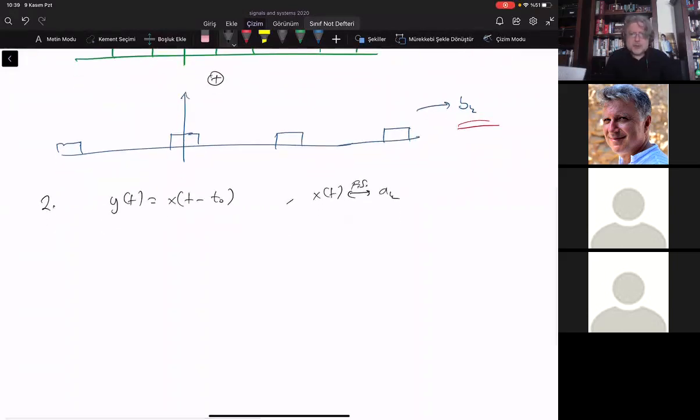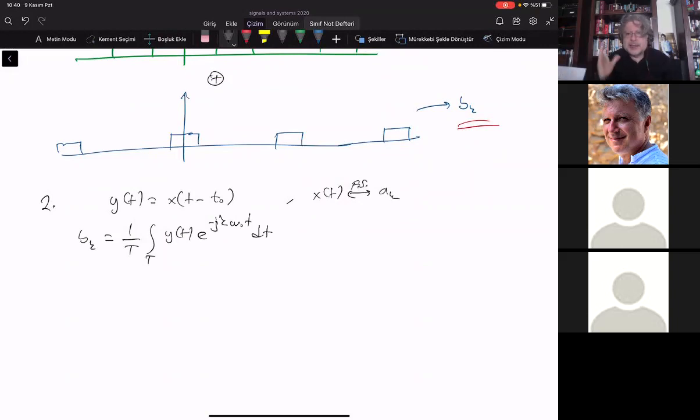It's not very difficult to come up with this expression or describe a proof of this. In fact, I am going to do it just for analytical exercising. Here, bk, which are the Fourier series coefficients of y, are equal to 1 over capital T integral within one period, y of t e to the minus j k omega 0 t dt.